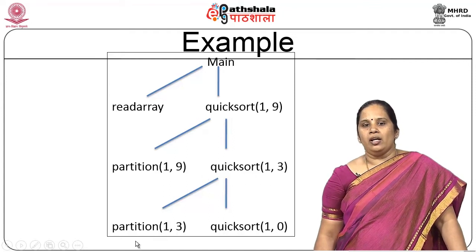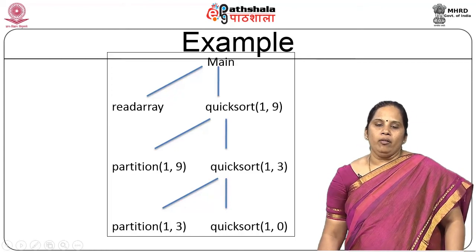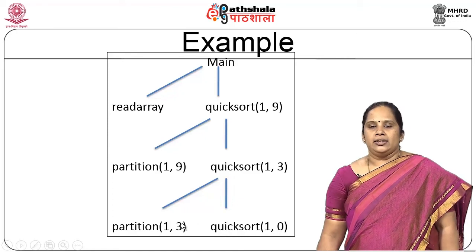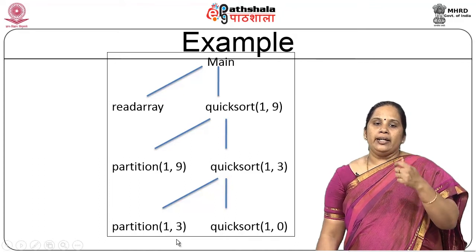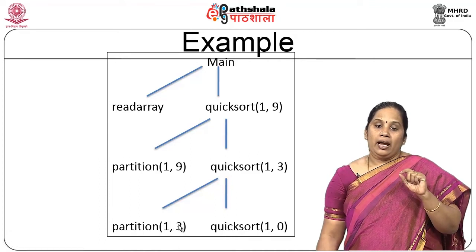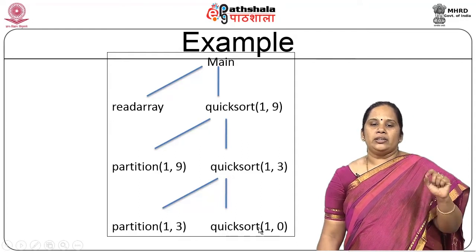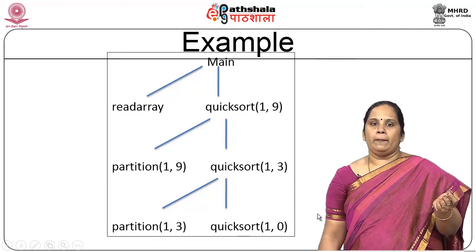Partition is called with 1,3, and partition will return the index of a particular element between 1 and 3. If it returns 1, then quicksort will be called with 1,0. In that case this function will terminate.